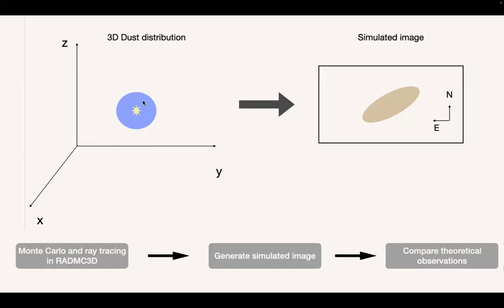So in a sense, in our simulation, we're putting all of this theoretical dust, then we're doing the radiative transfer, doing the ray tracing, and then we project the simulated environment onto the sky and get a synthetic image. And then the synthetic image is compared with the observations.